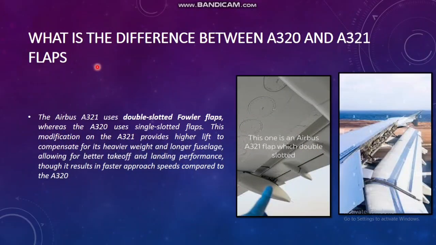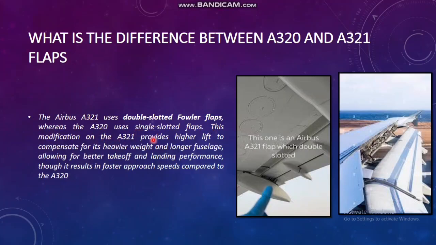What is the difference between A320 and A321 flaps? So in the Airbus, you will see the 321 has a double slotted flap and the 320 has a single slotted flap.